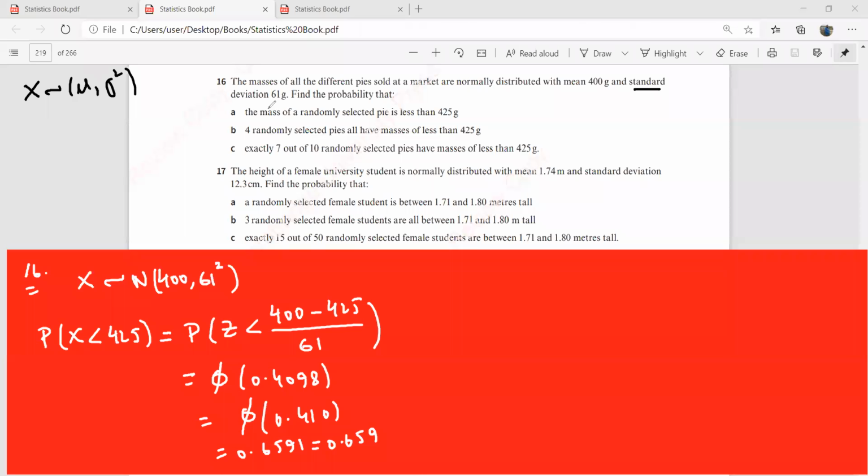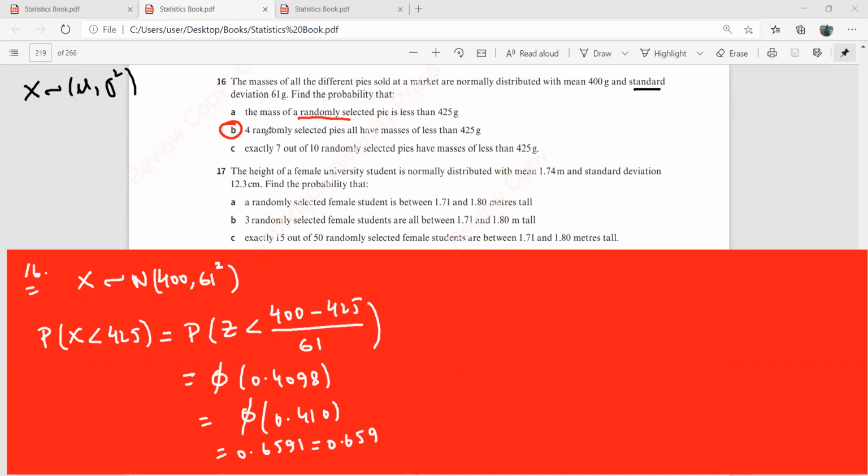Yeah, you see, the first thing is that this B part cannot be from a normal distribution, because in a normal distribution you never have the number of trials like out of 4, out of 5. Look at the A part: the mass of a randomly selected pie is less than this. That's it. Not 2 of them, 3 of them.